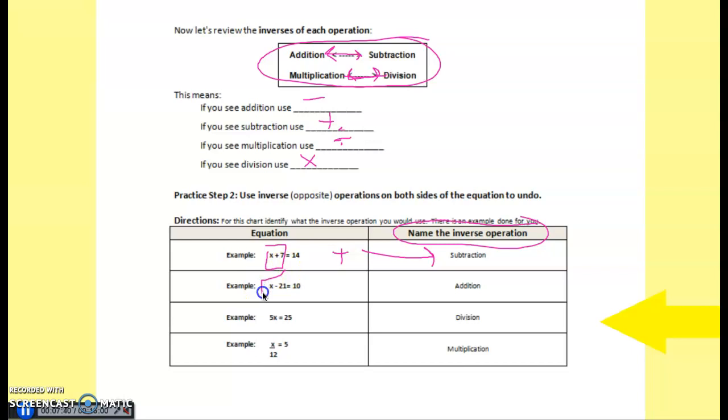If I look at example 2 here, we have x minus 21. My initial operation is subtraction, my opposite, addition. In this example, you see multiplication, so I would use division. And this last one, again, looks like a fraction, but that is how we show division in algebraic expressions. So you see division, and my opposite is multiplication.